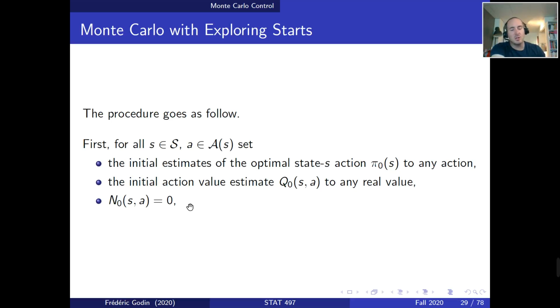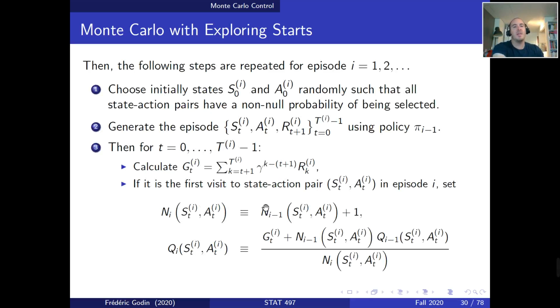So you initialize all such variables, and then you do the following procedure. You repeatedly generate episodes, episode i for i going from 1, 2, 3, 4, 5, and you go on and on until you're tired or until you don't have time. You proceed as follows.